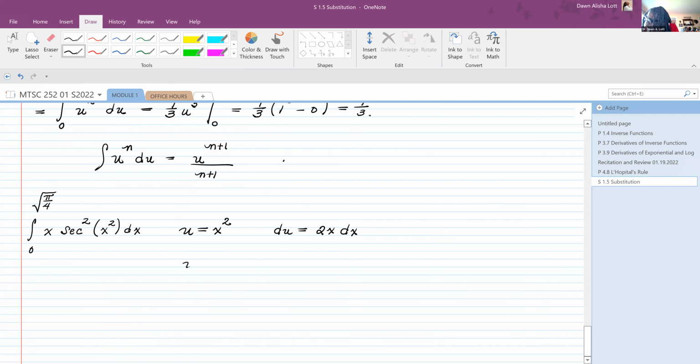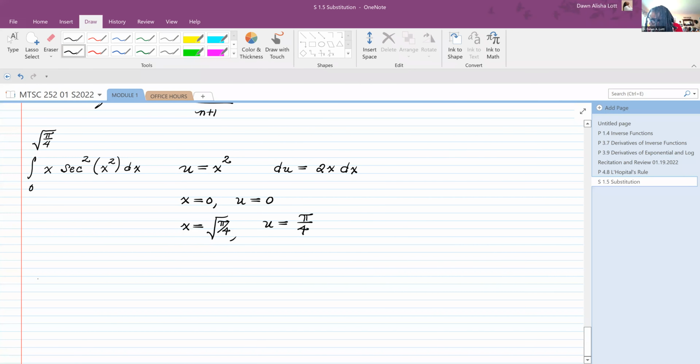Okay, so if x is equal to 0, then what is u? Zero. Yes. And if x is equal to the square root of pi over 4, then what is u? Pi over 4. Good.